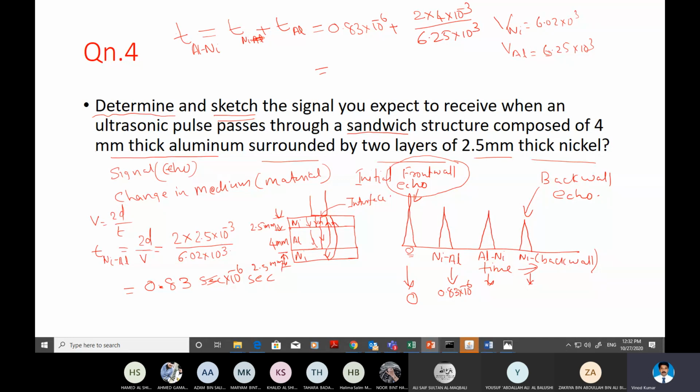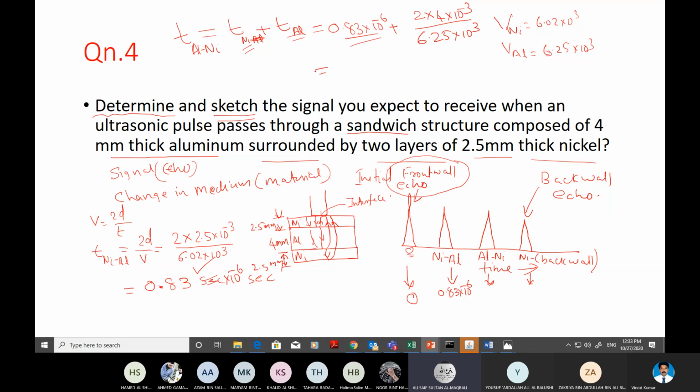So the time required for the ultrasonic wave to reflect from the aluminium nickel interface is equal to the time required for the ultrasonic wave to travel through nickel plus the time to travel through aluminium. Nickel we already calculated, so we have written the same value here, plus 2 times D. D for aluminium is 4 millimeter divided by the velocity of sound through aluminium, which is 6.25 times 10 to the power 3.